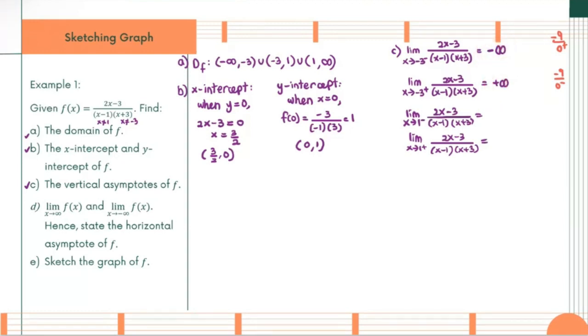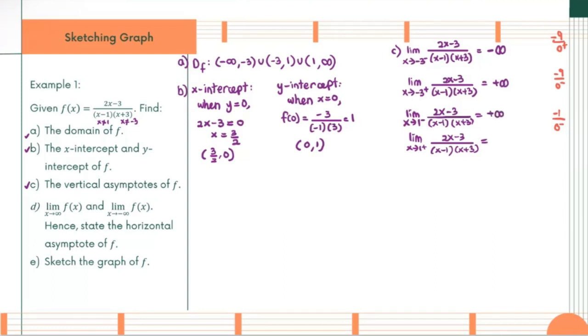Okay, kemudian bila masukkan 1 from the left, 0.999. So I get 0 yang negatif. Tetapi saya masukkan 2 dekat sini, 2 tolak 3 kita dapat negatif 1. So negatif bahagi negatif dapatlah a positive infinity.